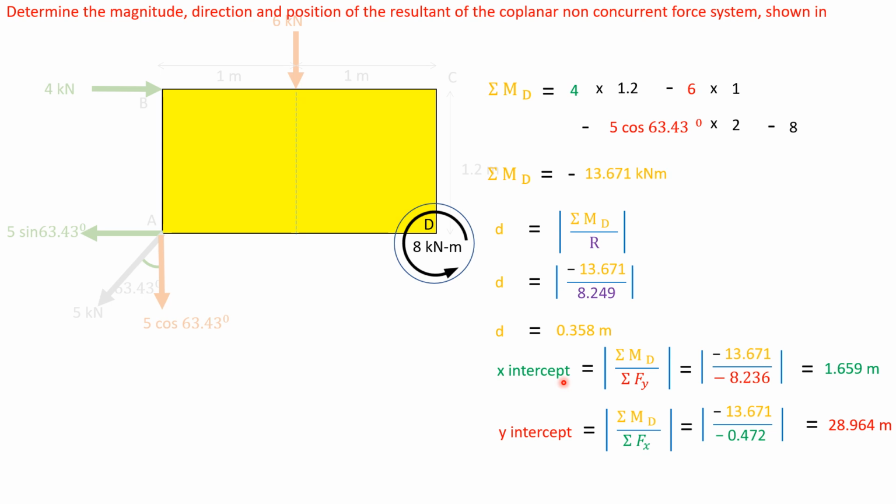X-intercept is given by summation MD by summation Fy. So substituting the summation MD value and the summation Fy value, we get the X-intercept, and Y-intercept is given by summation MD by summation Fx. Substituting the summation MD and summation Fx values, we get the Y-intercept.